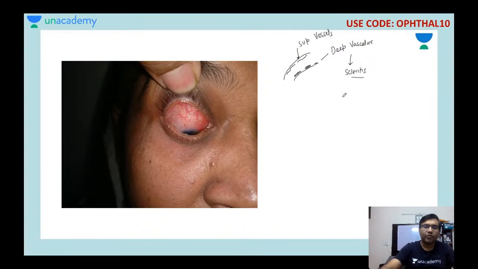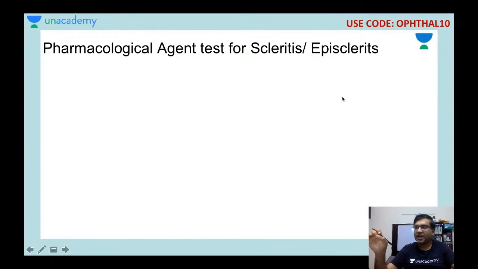So what I am wanting to tell you, Dr. Priya, is that I basically put an eye drop of a certain category. What it does is it can cause the resolution of the congestion of the episcleritis, but the scleritis remains the same. So scleritis ki redness would not get resolved, but episcleritis redness would get resolved.